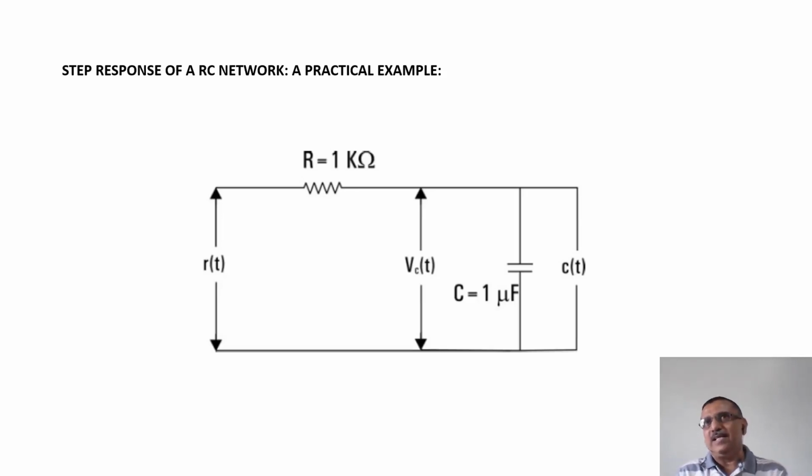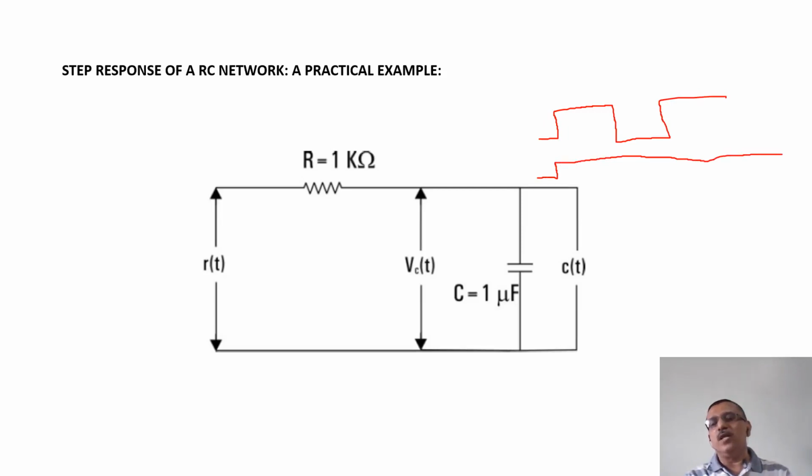Getting a step itself is difficult experimentally. You can take a function generator and apply a low frequency square wave. You know a square wave. If it is a low frequency square wave, it will be high first, and remain high for a long time.